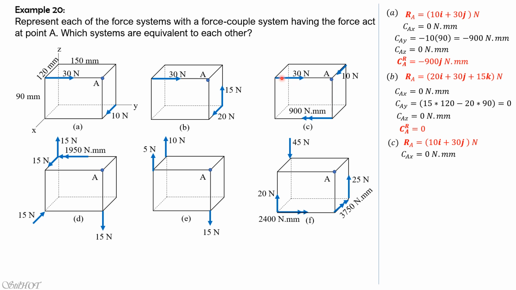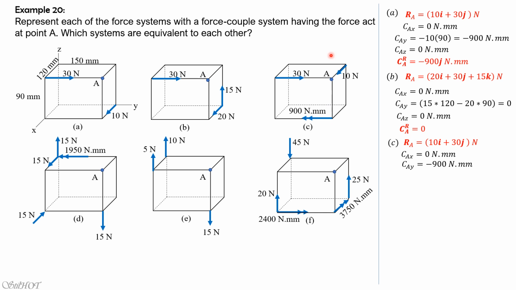About the y-axis, the 30 Newton force is parallel to the AY axis, so 0. The 10 Newton force passes through AY, so 0. So there's only negative 900 Newton millimeter as the component of the couple about A, and that is negative 900J Newton millimeter.